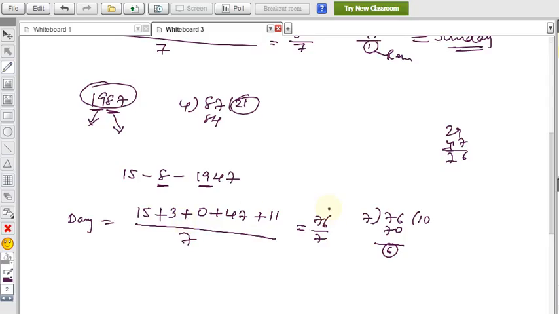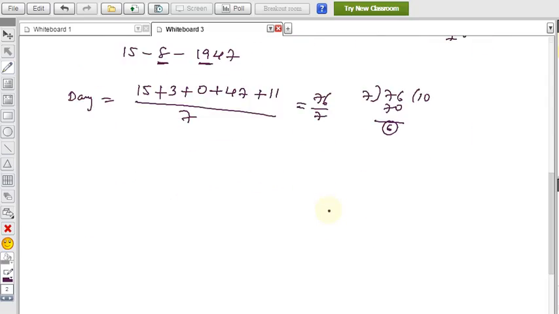Yes. Now next, in finding the day of any date, there is only one simple note to remember.